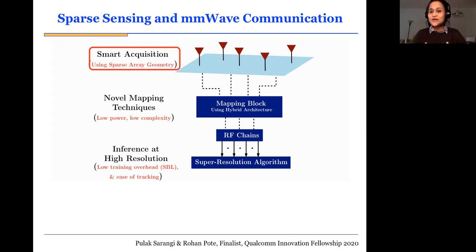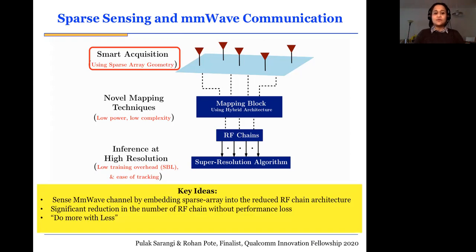It works very well because the millimeter wave channel is specular in nature, due to the sparse scattering environment. So it is a perfect application of the idea of nested arrays, but you turn the idea around. The main idea is that you can embed a sparse array into the reduced RF chain architecture, and you can reduce the number of RF chains significantly without performance loss.